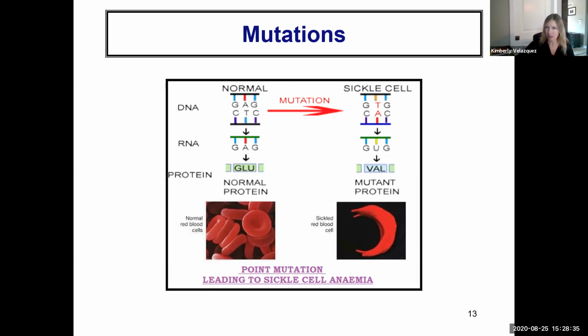Now here in the United States, where we don't have malaria, we would expect that normal red blood cell allele that causes normal hemoglobin is going to be way more common than the sickle cell allele. So looking at allele frequency in a population and how it changes over time, that is evolution.